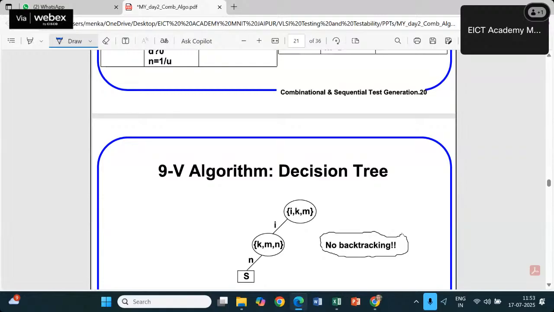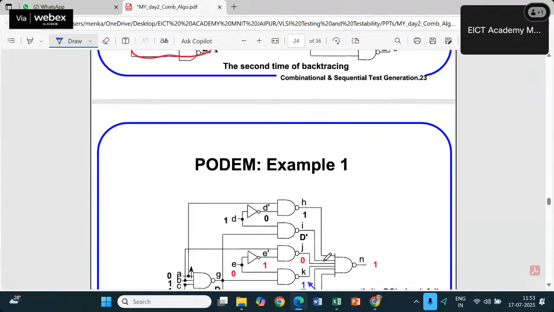With the D value, if a test exists in a combinational circuit, you can find that test. But 9-value is more prominent in giving the test in sequential circuits, because the D value is not able to cover the test as the flip-flop internal state is going to change. So, we are coming to the PODEM algorithm next.